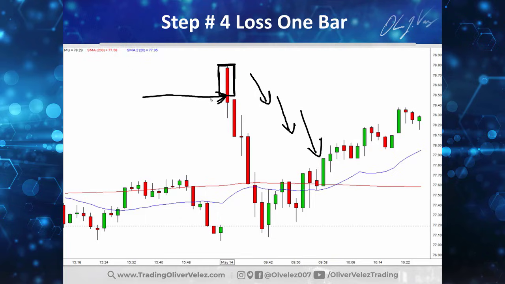Now, this 1 bar rule must meet your $50 maximum loss per trade or your $100 maximum loss per trade, whichever one you have. All right. And if we look at this, let's say this is 55, and let's say this is 80.